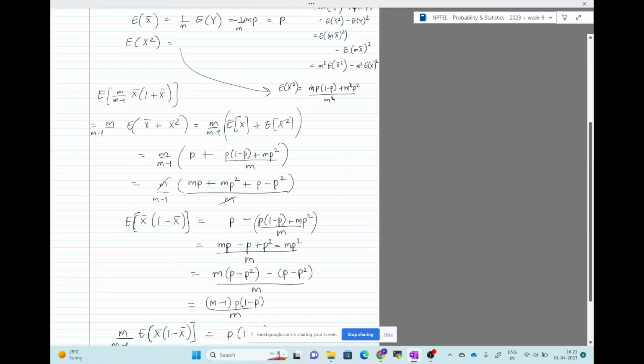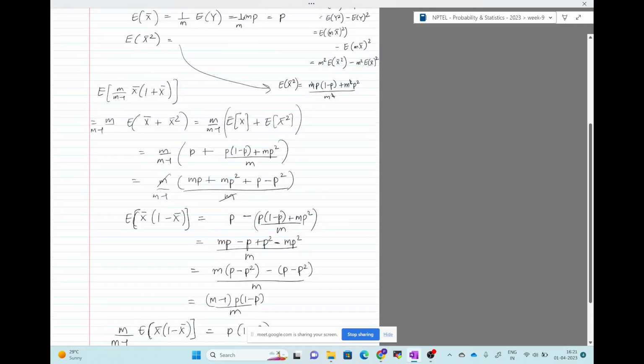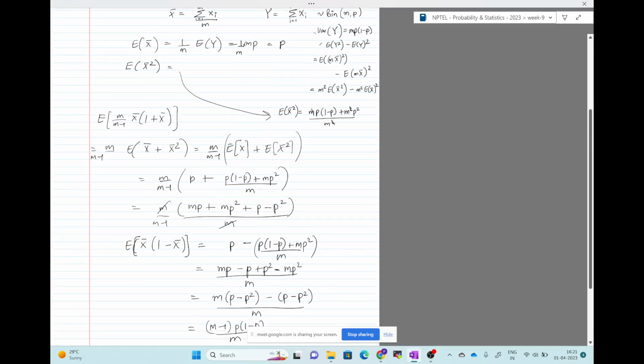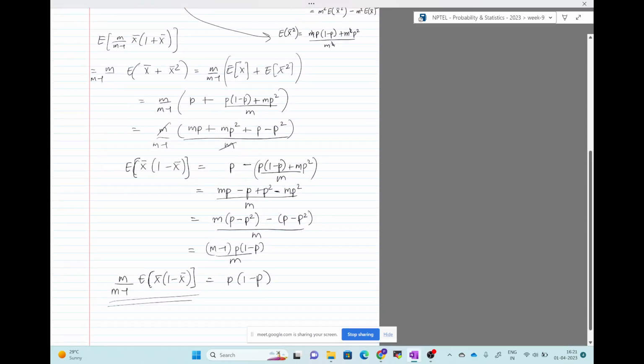So when we did x bar into 1 plus x bar, we got something like this, and from this we are not able to get a form of p into 1 minus p common, because there is p plus p square here and here there is p minus p square. But when we take expectation over this, we are able to get this p into 1 minus p common outside.